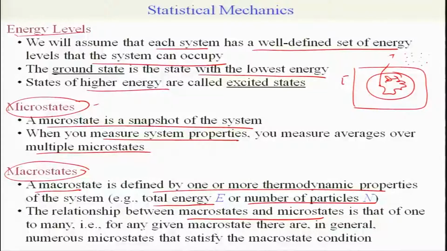That means, for a given macrostate, that is, for a given total energy fixed and number of particles N fixed, there are in general numerous microstates that satisfy the macrostate conditions. There could be many microstates having a total energy E, number of particles N, and a constant volume, for example.